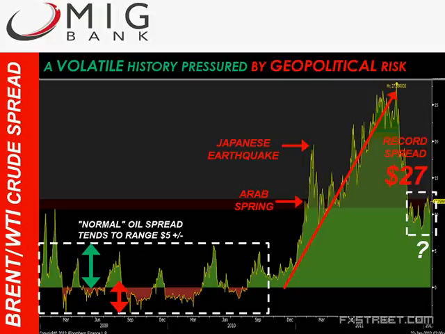Now that is the normal spread between these two oil contracts based upon the history that I'm looking at. Everything else is abnormal, and that abnormal increase in the difference between these two oil contracts took place early last year when we had 2 big black swan events.